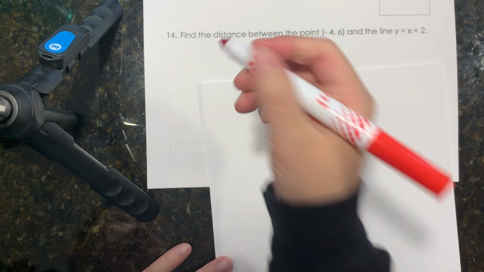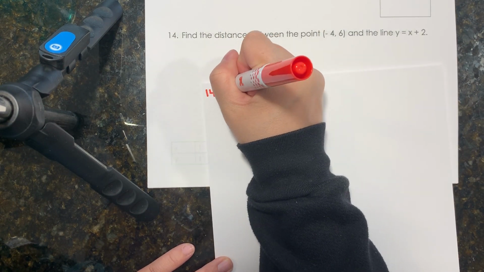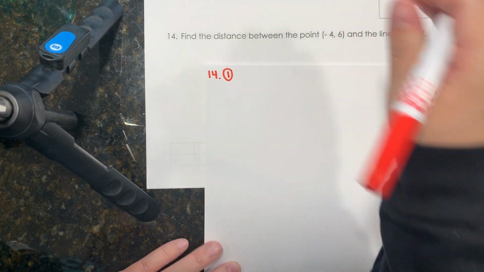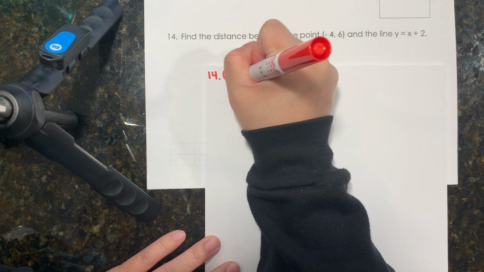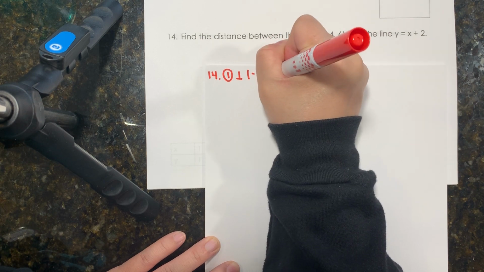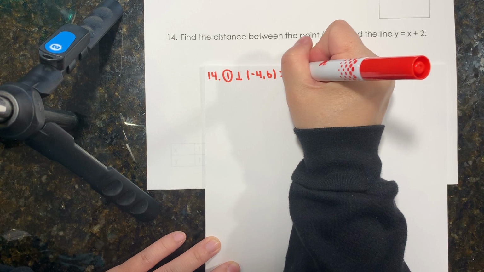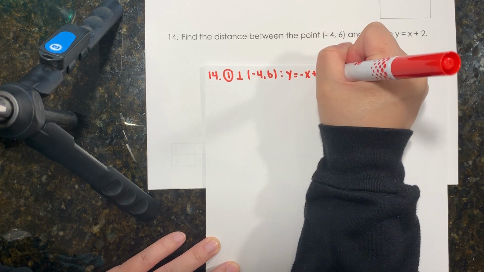So the first thing that you're going to do for number 14, the first step, is to find the perpendicular line of this line that goes through that point. So perpendicular and goes through -4, 6. So that means if I flip that, it's going to be y equals -x plus b.